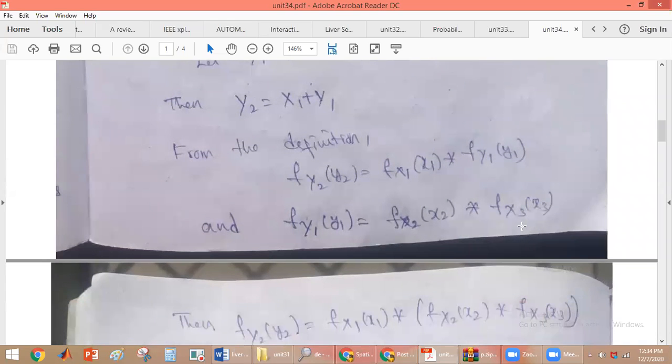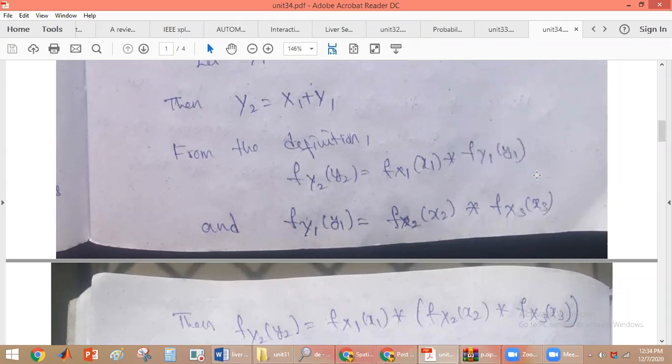We also know that y1 is the sum of x2 and x3. So the probability density function of y1 will be the convolution of the probability density functions of x2 and x3, that is fx2 of x2 convolution fx3 of x3. Now we substitute fy1 of y1 in this equation.